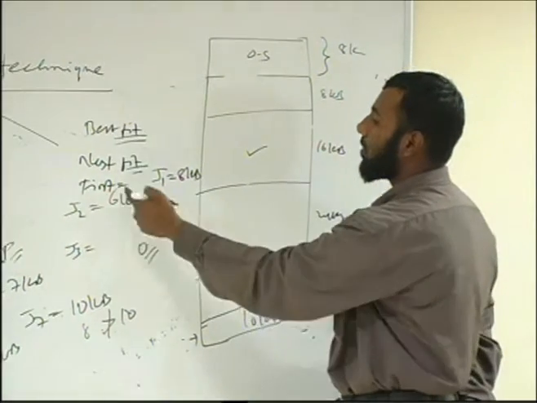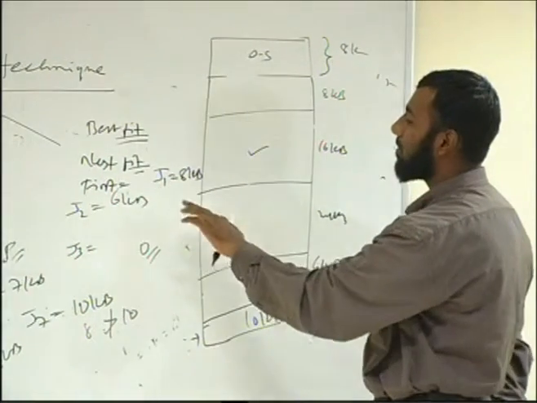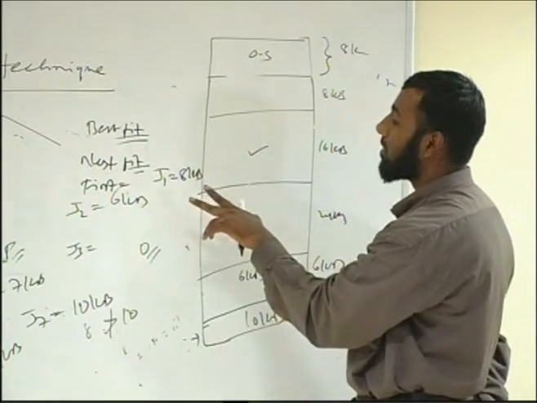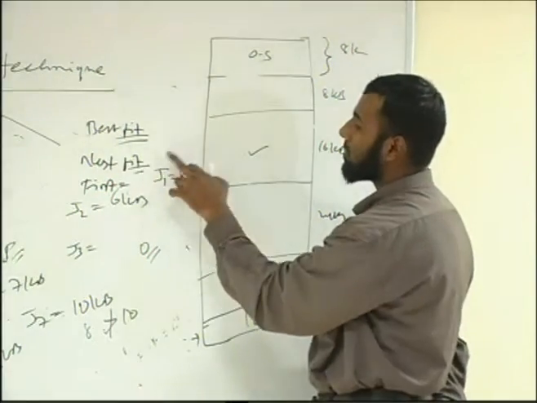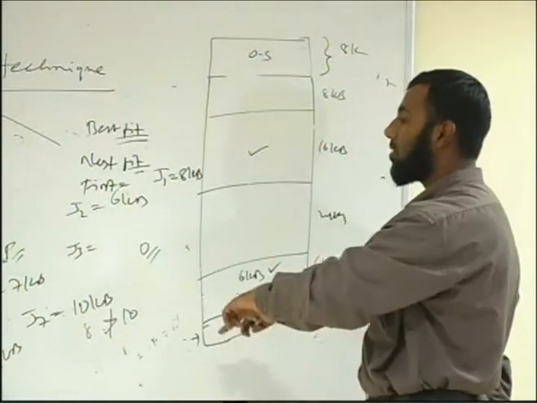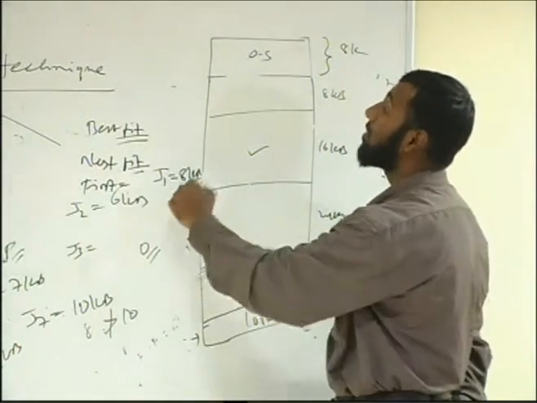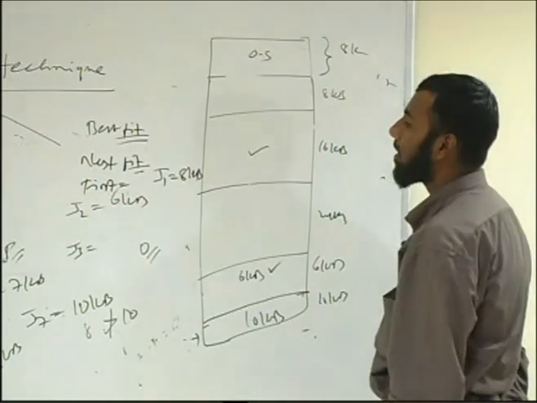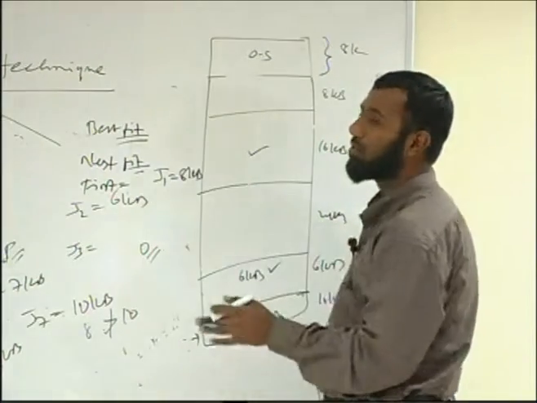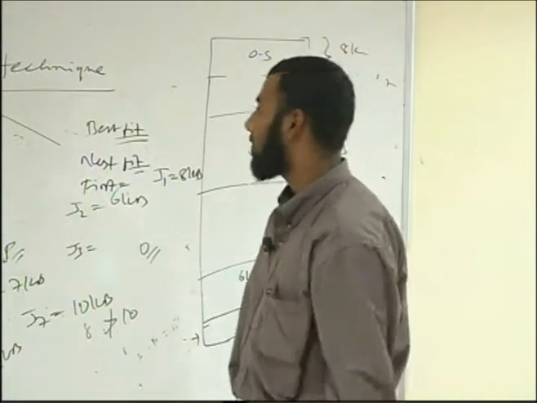So first fit and next fit are the same, but the starting points for these algorithms are different. Next fit starts from the last allocated block. First fit always starts from the first partition itself. That's why it's called first fit. Best fit always ensures that there is less fragmentation.